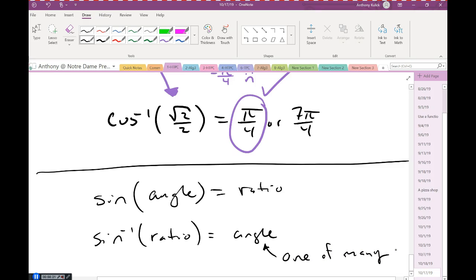The calculator is only going to give us one specific angle. There are infinitely many angles that would actually give us that ratio. And that's the subtle part of this chapter, being able to figure out if you have the actual angle you're looking for or not.